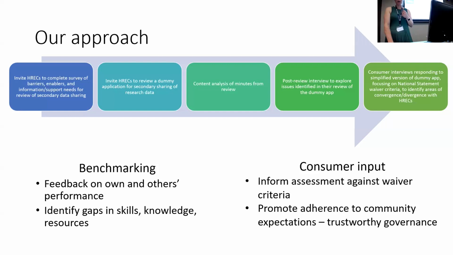So the HREC, first of all, has to decide if a waiver is required or not. And if yes, they have to apply the waiver guidelines under section 2.3.10 of the National Statement. Things like whether it would be impracticable to reconsent everybody, or whether the participants would be likely to say no if asked. We'll then analyse their review minutes and conduct post-review interviews, and we'll also interview consumers about their views of the dummy application.